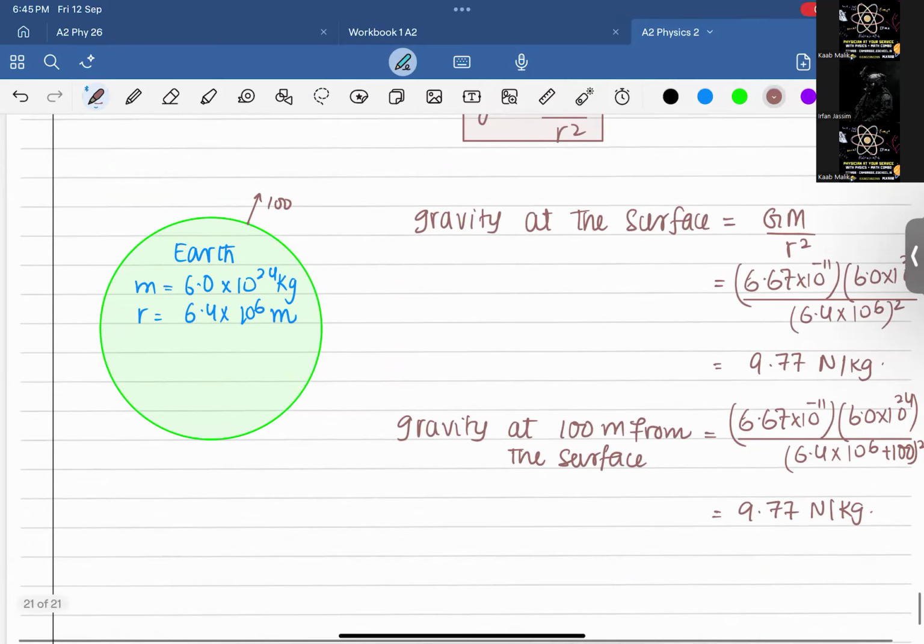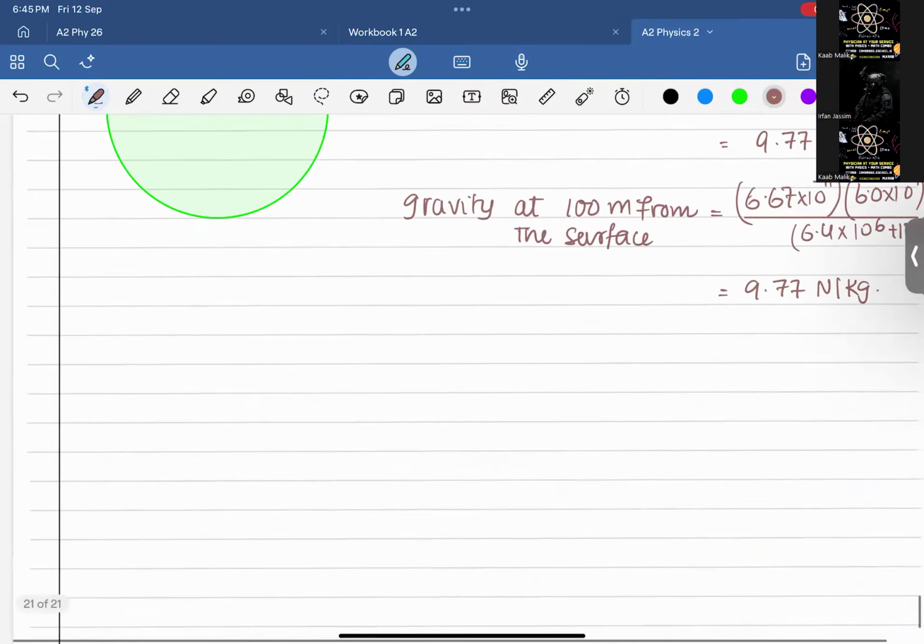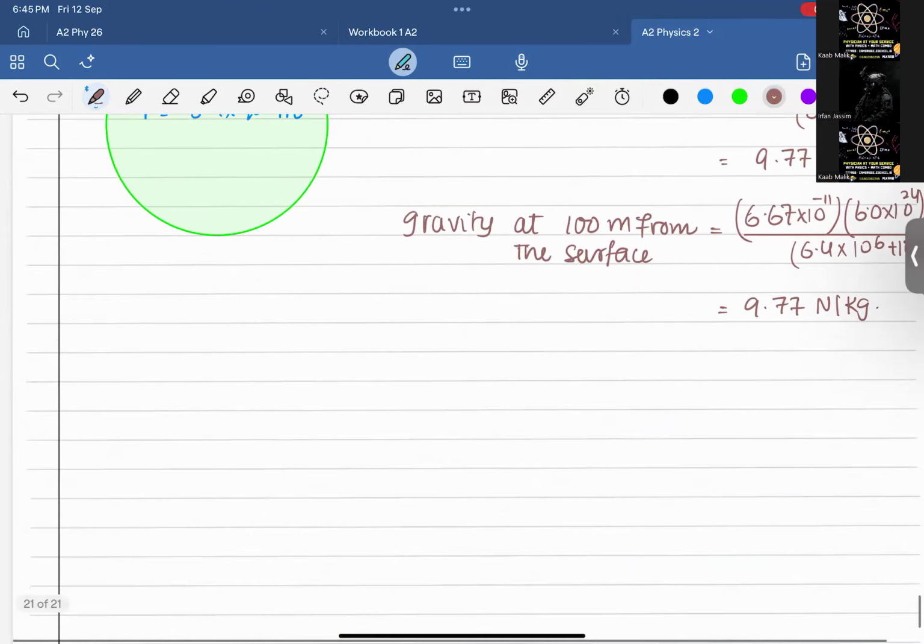The third case will be if we try to find the gravity at 1000 meters.